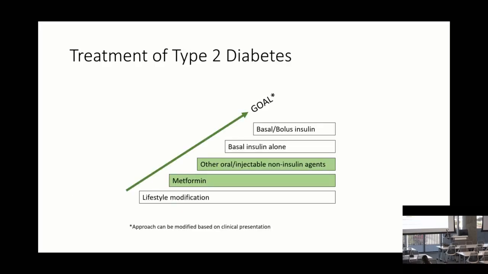So in terms of approach, like we talked about, generally speaking, you start with lifestyle. Then most guidelines will recommend to start metformin. Metformin is cheap, it's readily available, it's effective. So we often will say do metformin. Then after metformin, you do other oral or injectable non-insulin medications. Then if you're going to go to insulin, we often start with just basal insulin first, okay?